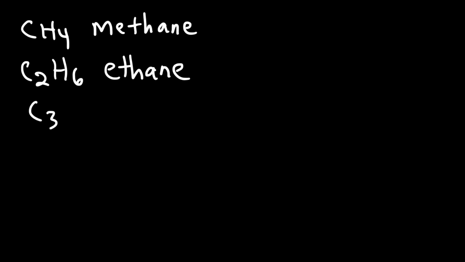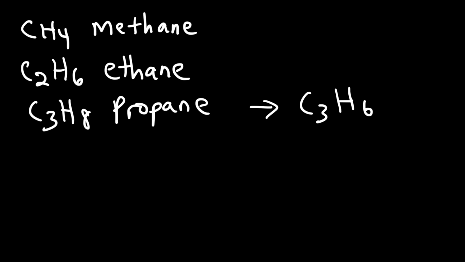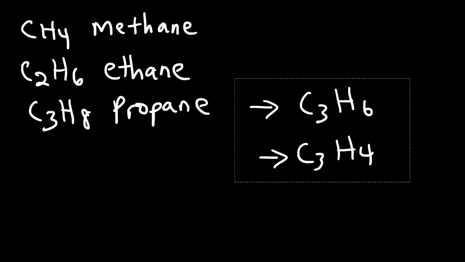Now, when dealing with 3 carbons, the name is propane. So if we have C3H6, this would be propene. It would be an alkene. Or if we have C3H4, that would be propyne, because it has a triple bond, and so it's an alkyne.